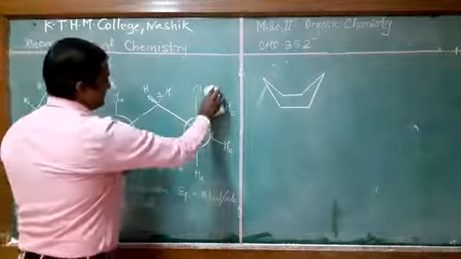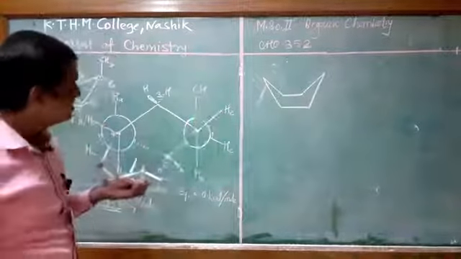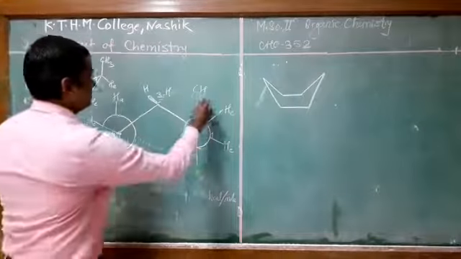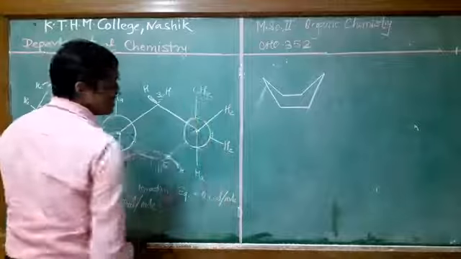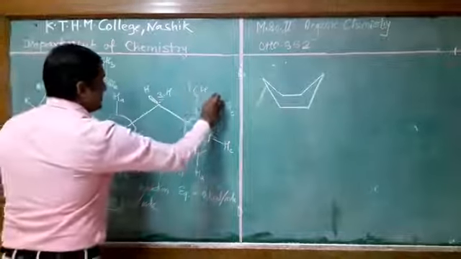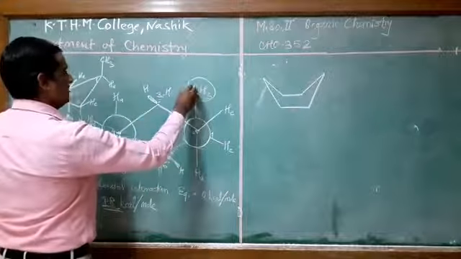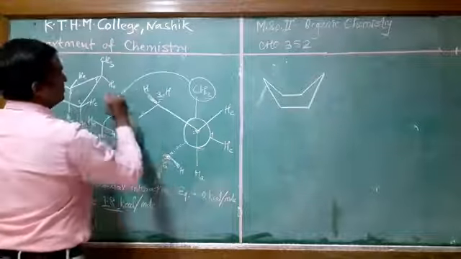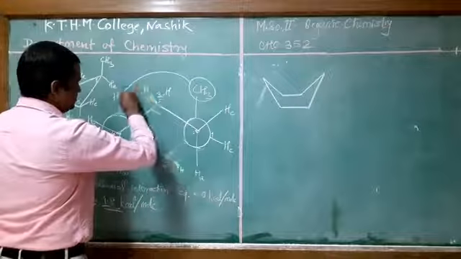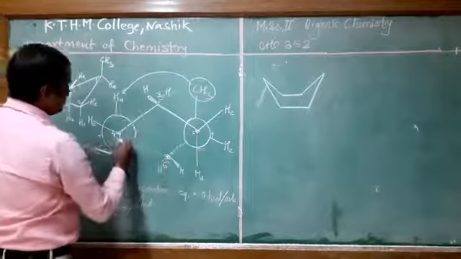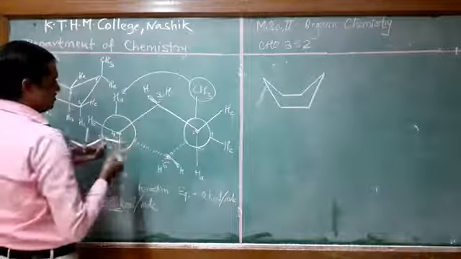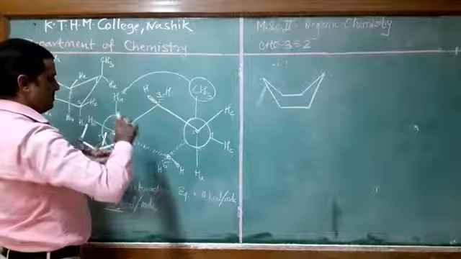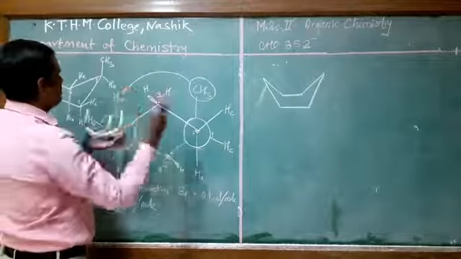We can say this CH3, if it is axial, creates such a 1,3 diaxial interaction with this substituent, because it is carbon number 5, CH3, carbon number 5, hydrogen.